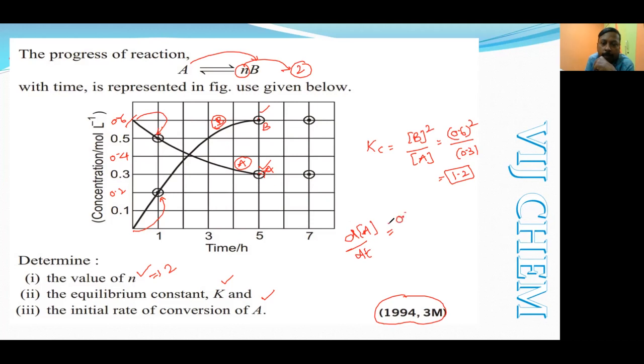Final minus initial, 0.5 minus 0.6, divided by change in time, which will be how much? 1. Okay, so answer will be 0.1. Initial rate of conversion of A will be 0.1. Time in hours. Okay, so time in hours, 0.1 molarity per hour. Okay.